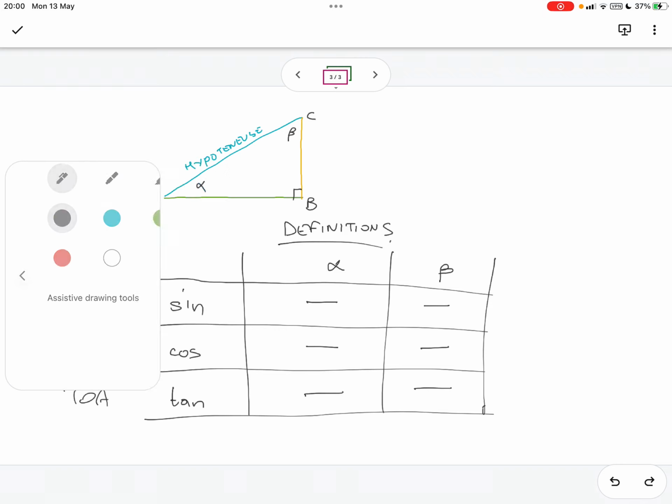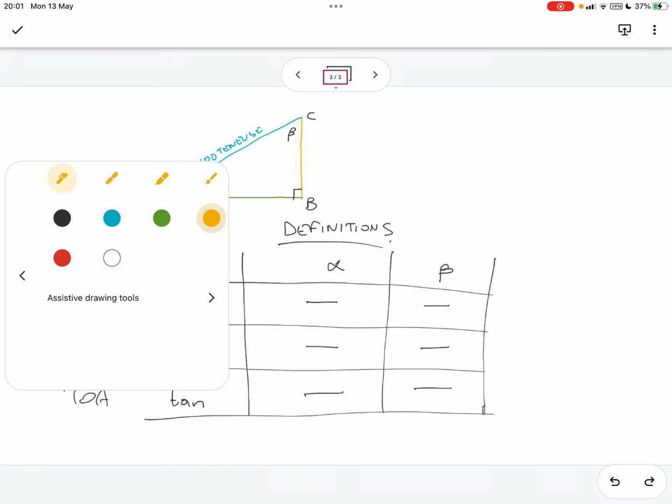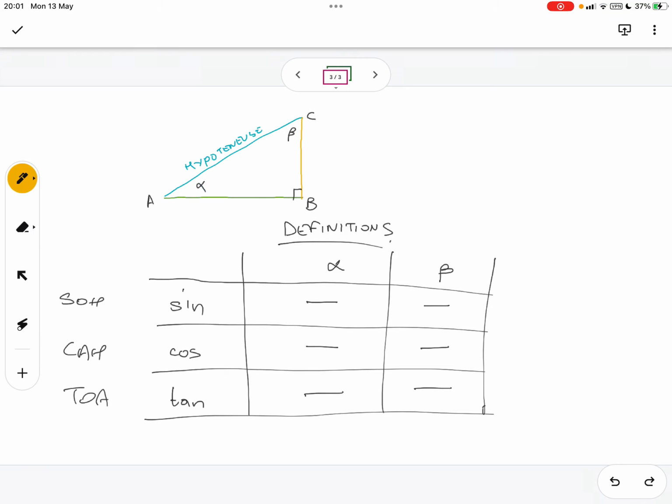All right, the definition here, sine for alpha, looking at this column. The definition of sine is opposite over hypotenuse.